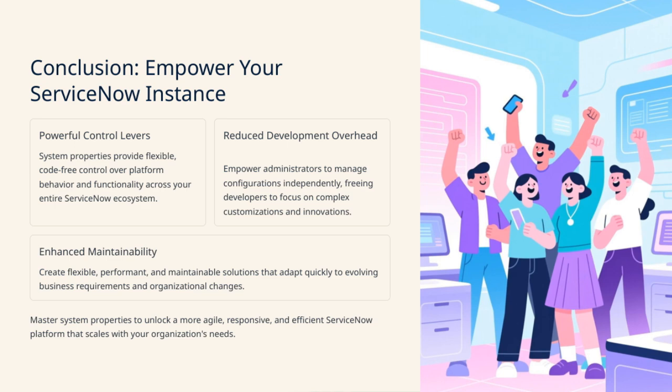At the core, these powerful control levers give you the ability to tailor your ServiceNow instance precisely to your needs, making it more adaptable and scalable. In conclusion, by mastering system properties, you empower your ServiceNow instance to be more responsive, maintainable, and aligned with your organizational goals. This approach enables you to optimize your platform's capabilities and support ongoing innovation and growth.